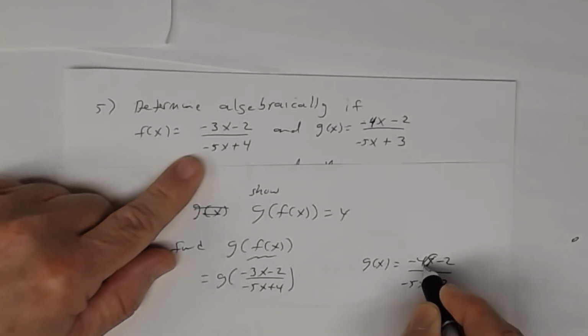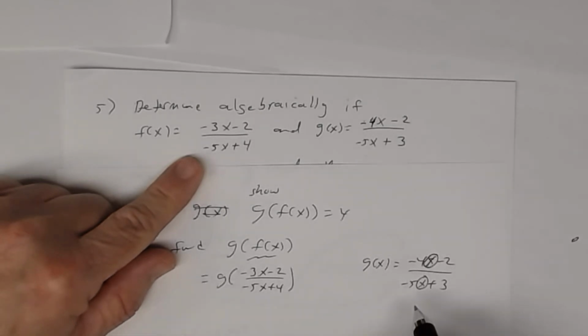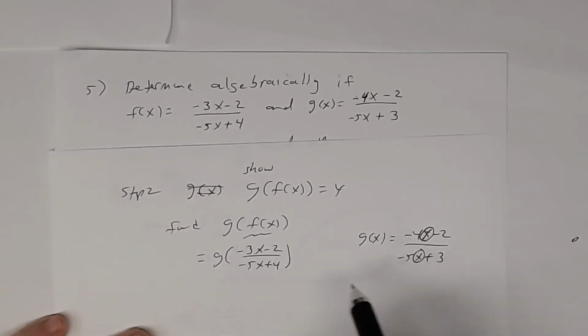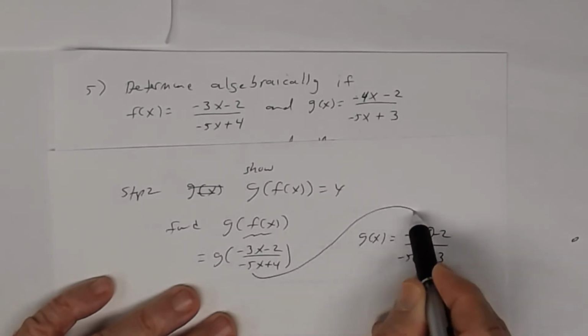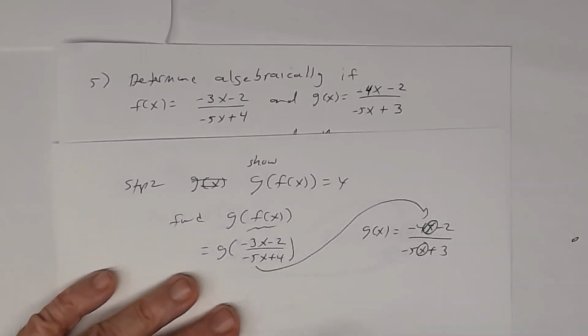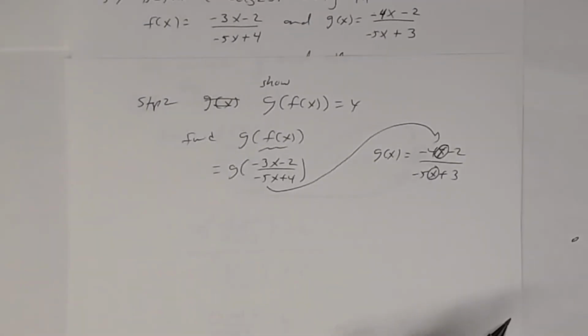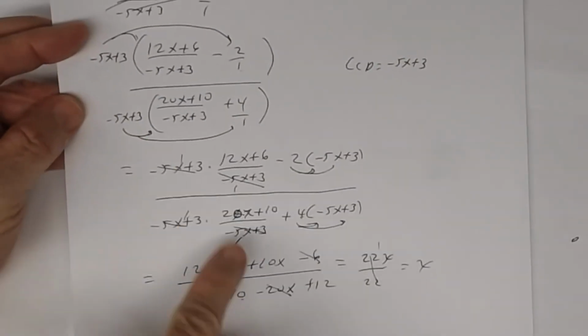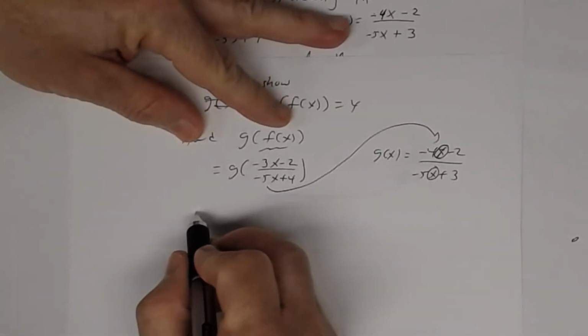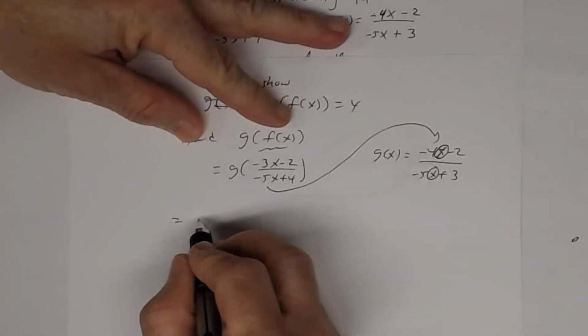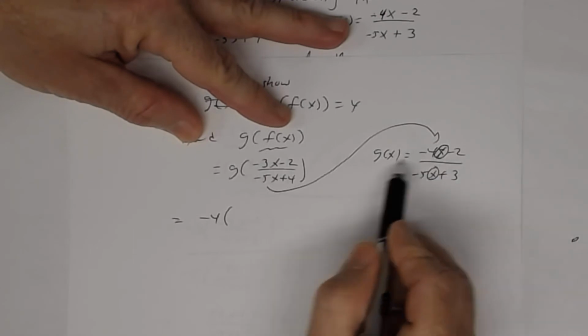And in place of this x, there are two of them. One's in the numerator, one's in the denominator. In place of those x's I have circled, I'm going to substitute this expression right here. All right, and then notice we have a lot of work we have to do. Okay, so let's go ahead and do that work. So we get negative 4 times this fraction.